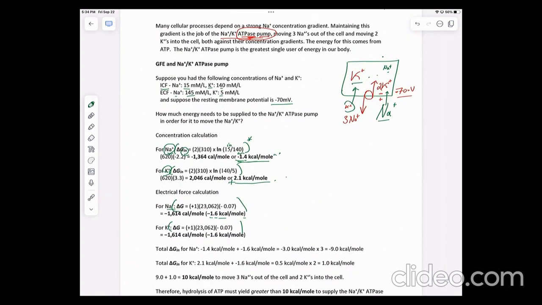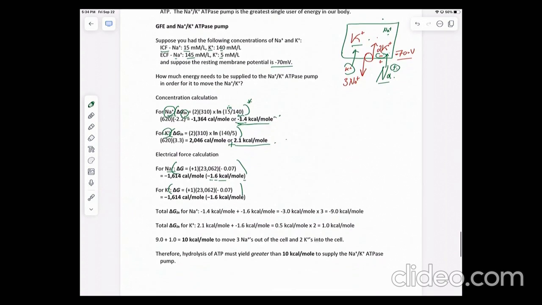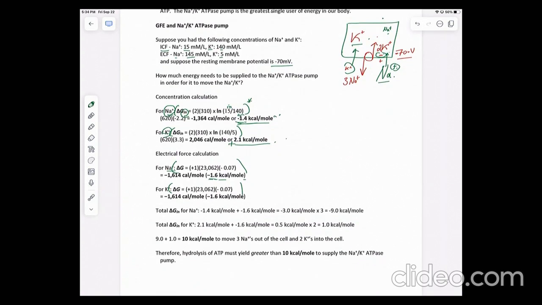Again, we're just looking at it from the vantage point of the sodium going from out to in. What's in? It's negative. What's sodium? Positive. So I've got positive going to a negative, a release of energy. Lo and behold, negative free energy, 1.6.